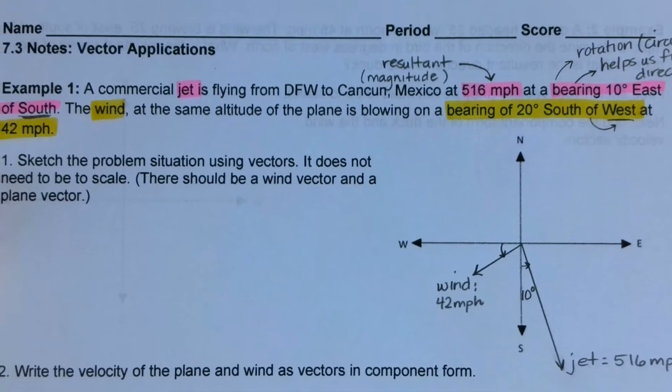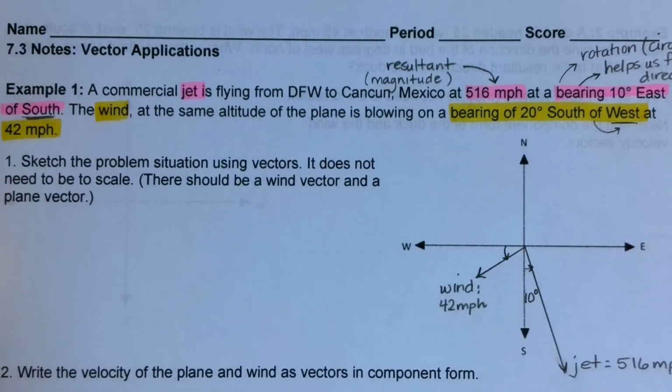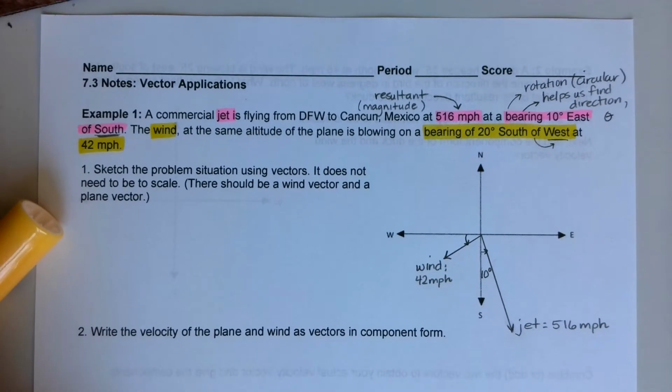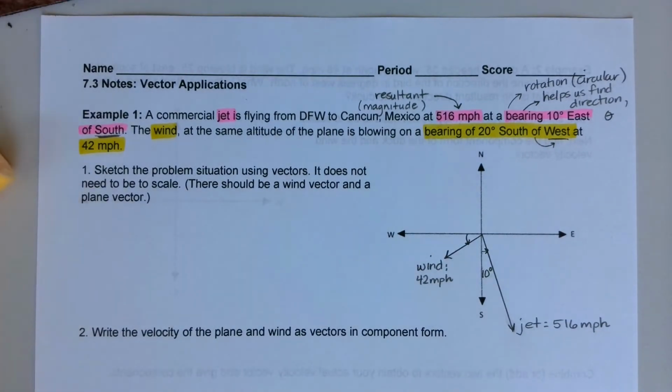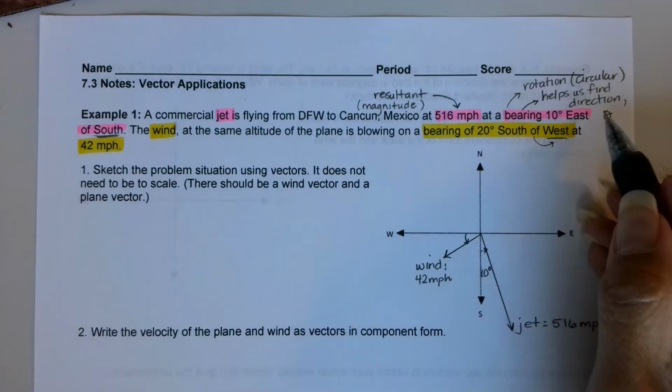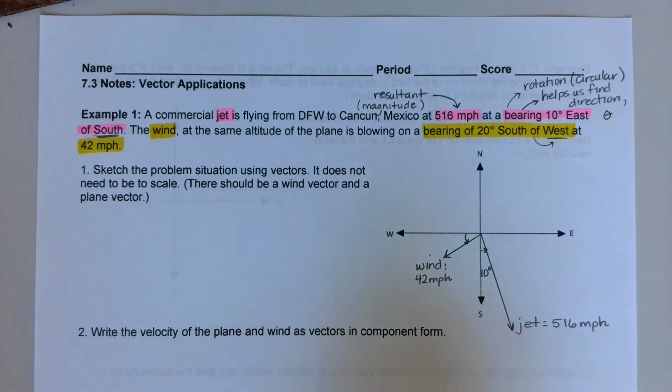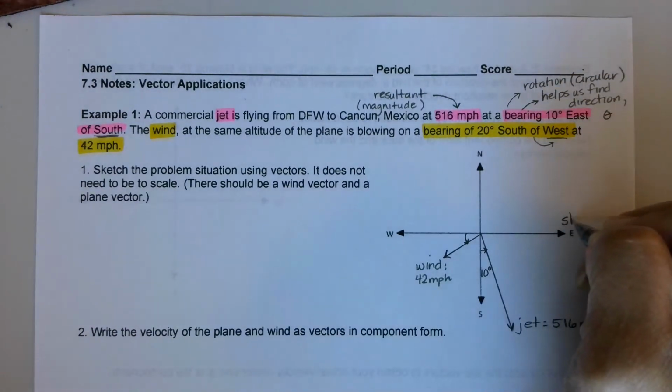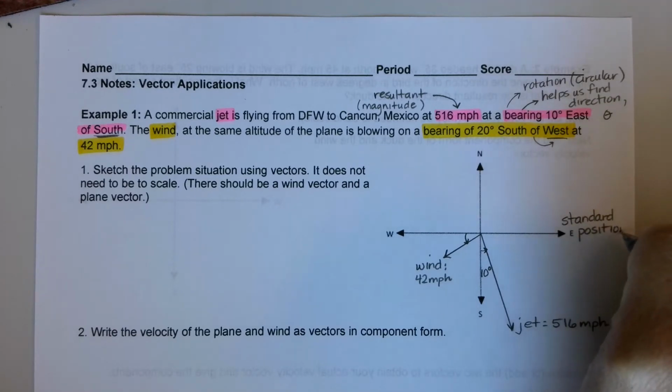Okay. Now here's the thing though. When you are finding your position vector, the angle or the direction of your position vector must always be measured from standard position. Okay, standard position is the positive x-axis starting from 0 degrees.